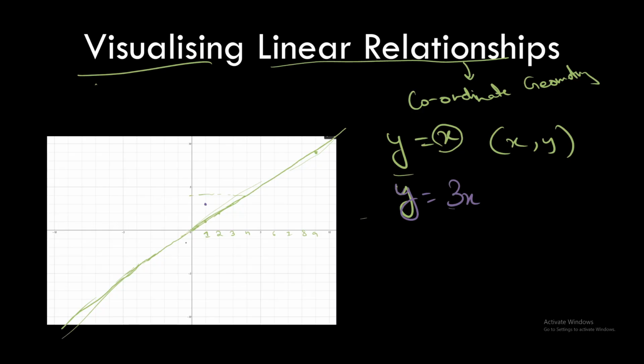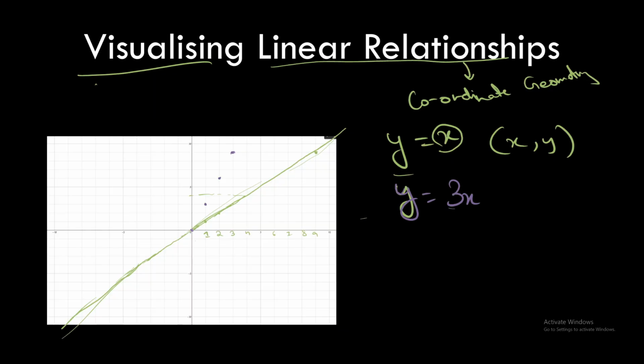So this is our first point. And if we put it to be 0, it starts from here. And similarly, if our x value is 2, then 2 times 3 is 6, so we're going to plot it at 6. And if we put our x value to be 3, then we get 3 times 3, 9. And we can simply put it here.